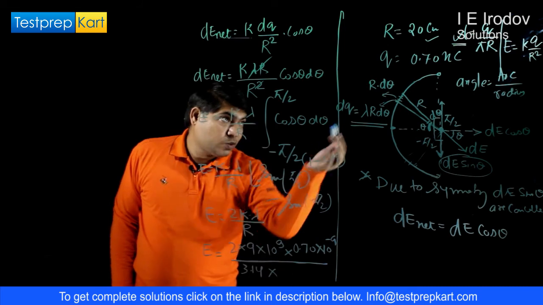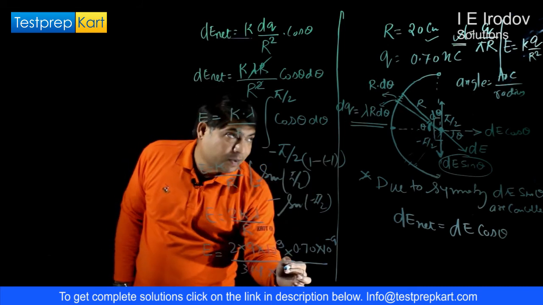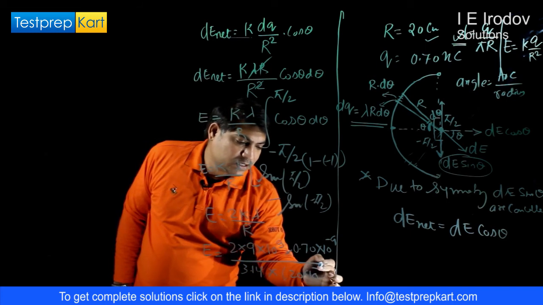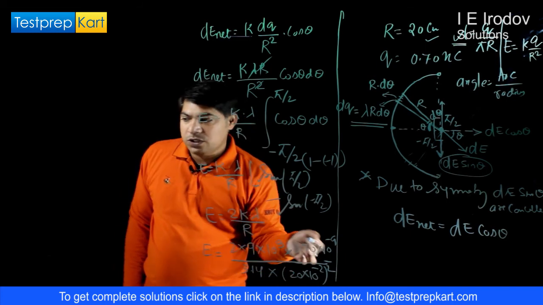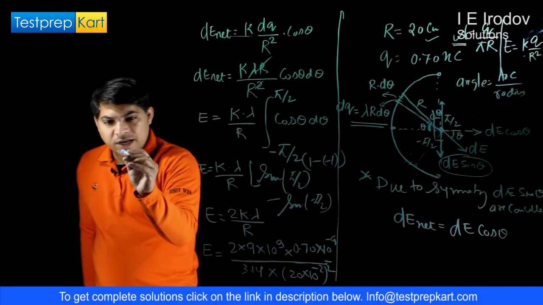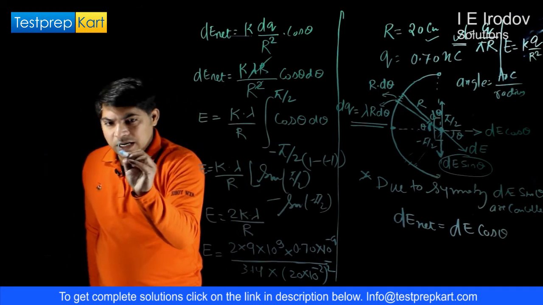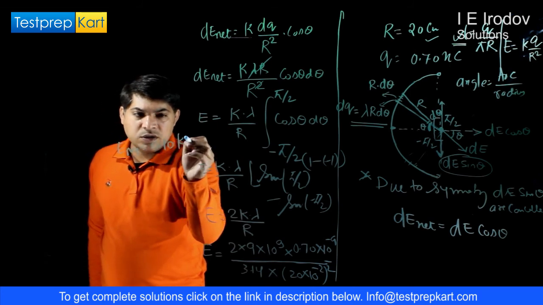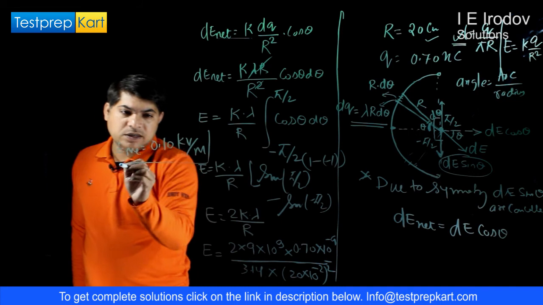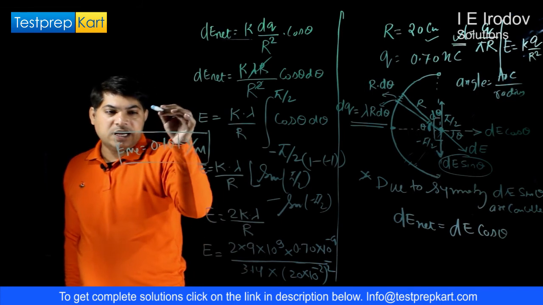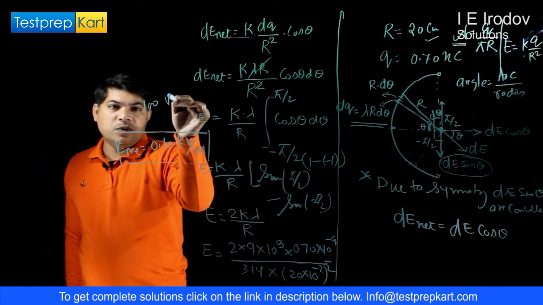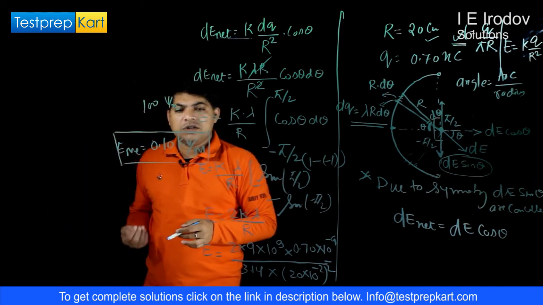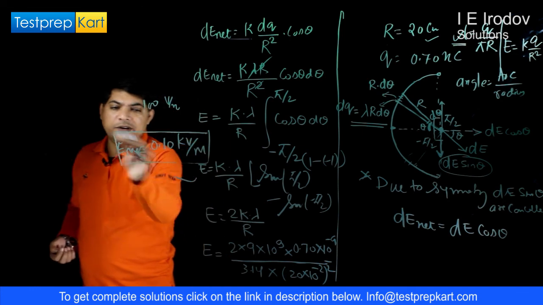And we get r square if we substitute Q over pi r, and r is 20 centimeter, so 20 into 10 to the power minus 2, whole square. From here we get E net equal to 0.10 kilovolt per meter, that is 100 volt per meter. So the net electric field at the center is 0.10 kilovolt per meter.